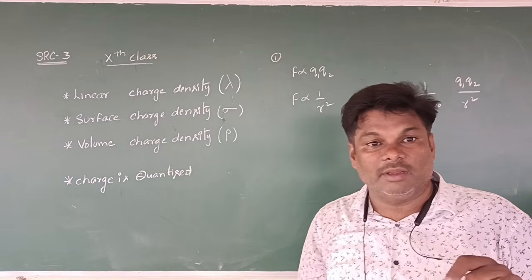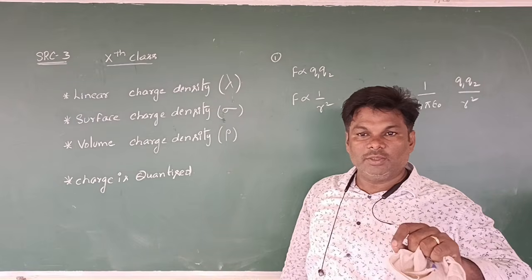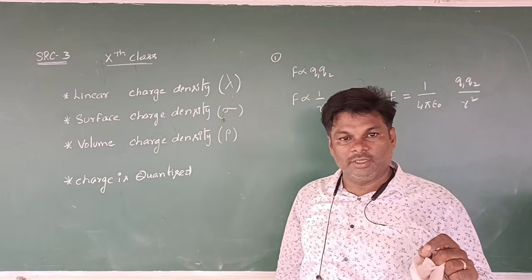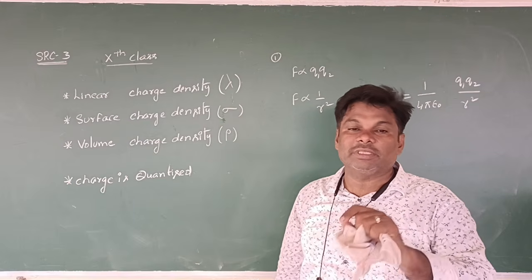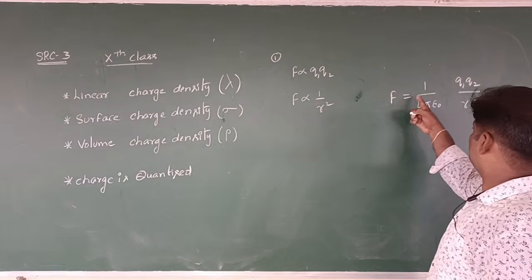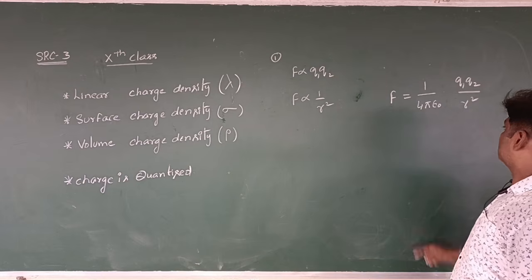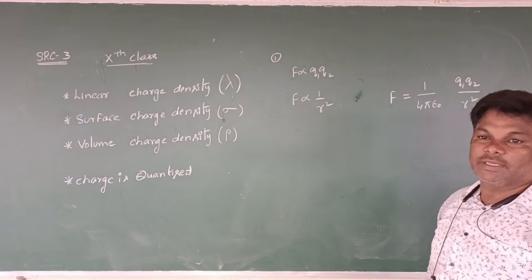It may be attractive forces or repulsive forces. You all know that there is an attractive force between one positive charge and one negative charge, and there is a repulsive force between two similar charges. Okay, so this is the formula. What is epsilon naught? Permittivity of free space.